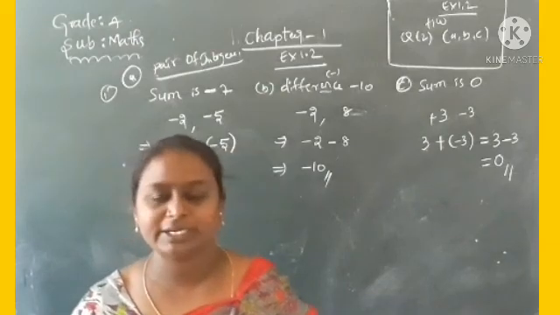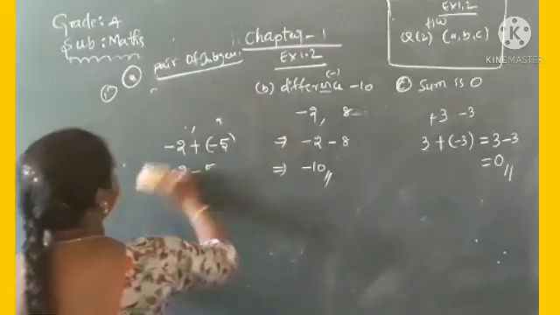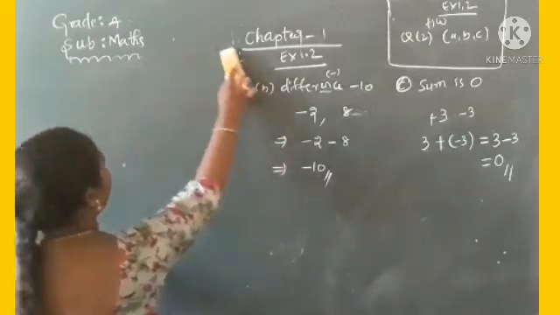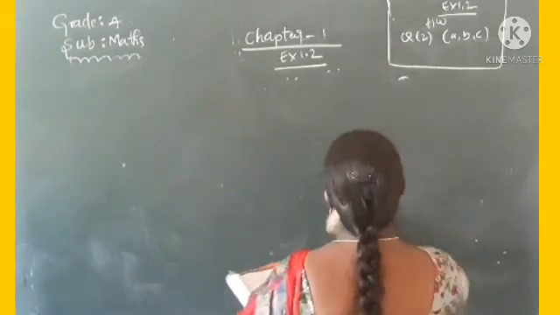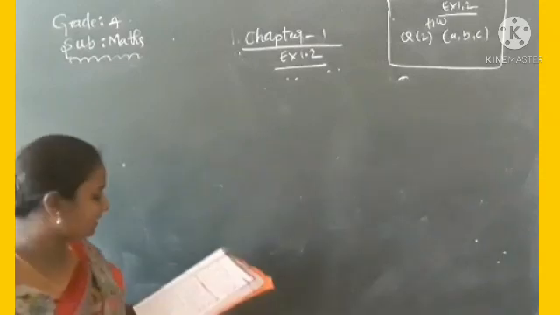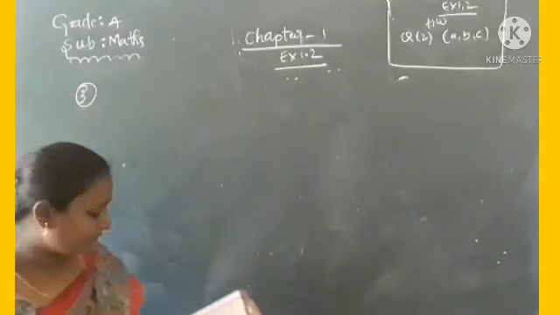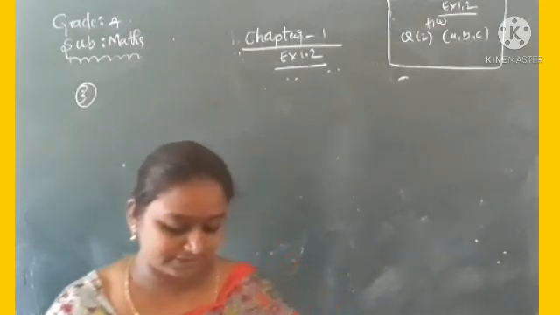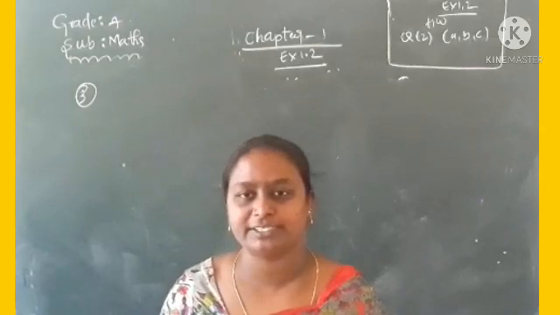Here 2 teams are given, team A and team B. In the 3 successive rounds, the 2 teams got some marks. Then which team scored more? We have to find that.